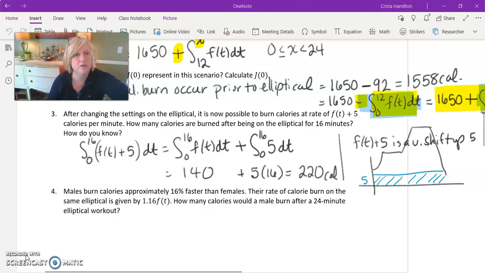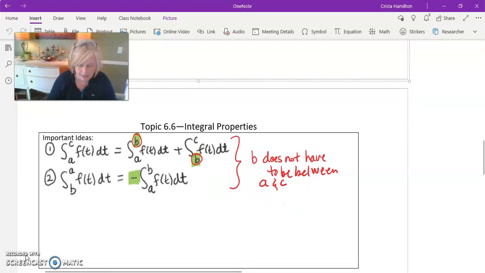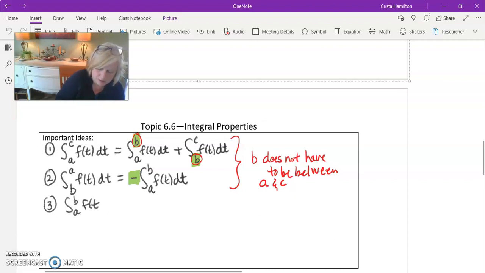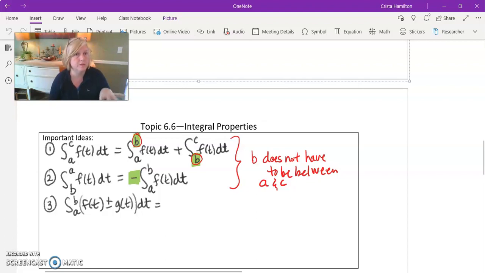So let's come down to our properties, and we're going to add that down as number 3. Number 3 is going to be that if I have the integral from a to b of the sum or difference of two functions, dt, it does not matter. Just like the derivative of a sum is the sum of the derivatives, the antiderivative of a sum is the sum of the antiderivatives.